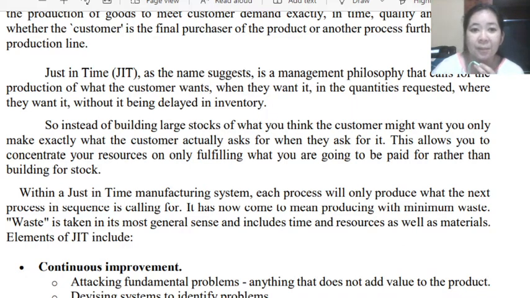Waste is taken in its most general sense and includes time and resources as well as materials. This is what just-in-time wants to eliminate, because waste is a form of expense or loss on the part of the entity.